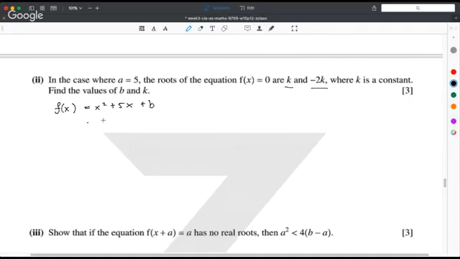So that means that f of x can be written as x minus k, x plus 2k, which is equal to x squared plus kx minus 2k squared. And so we can identify that k is equal to 5 and b is equal to minus 2k squared. And if you plug in the value of what k is, this gives you minus 50.